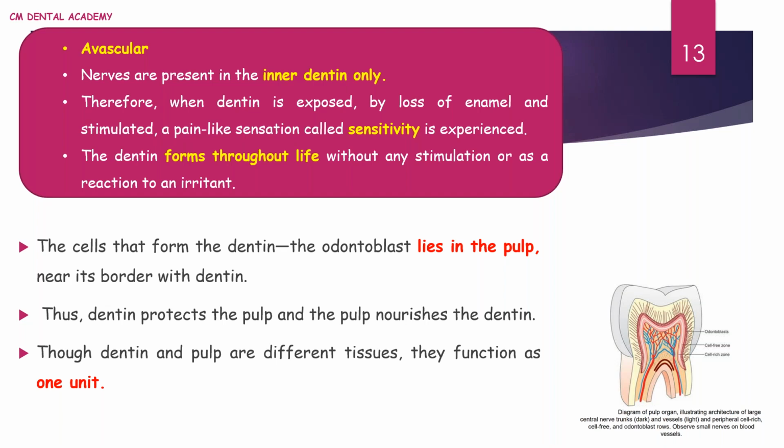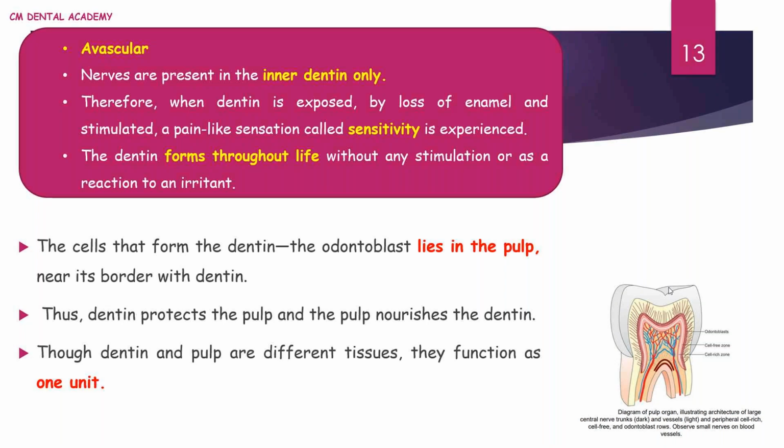The cells that form the dentine, the odontoblasts, lie in the pulp, not in the dentine. The cytoplasmic processes of these odontoblasts extend into the dentinal tubules. Thus, dentine protects the pulp and pulp nourishes the dentine. They form a dentine pulp complex and function as a single unit.